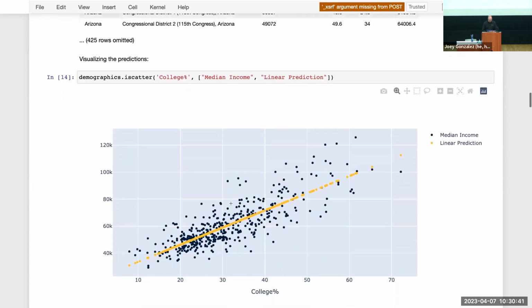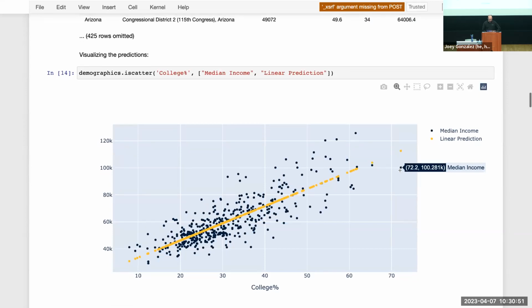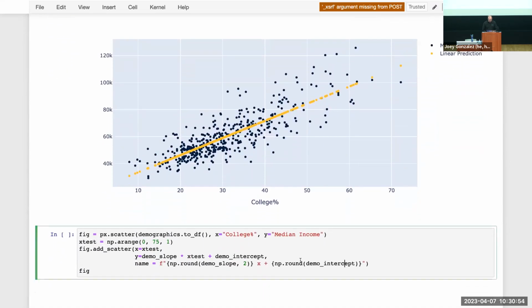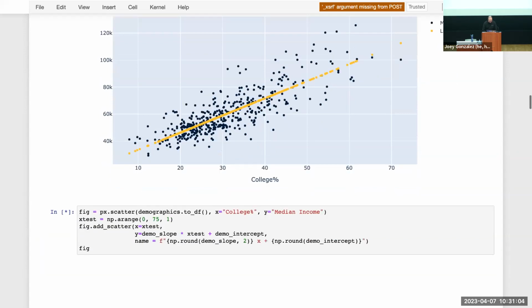So here's my plot. Each of these yellow dots corresponds to the prediction that I made for this dot, right? Let's do one thing. I want to actually make predictions between the dots right here. So, if I had 68, 69% college educated, what would be the prediction?